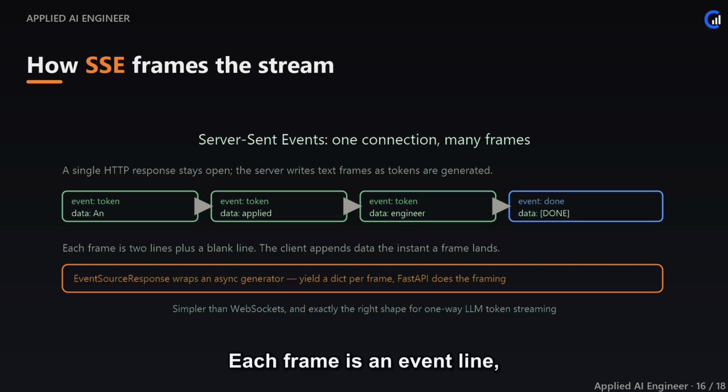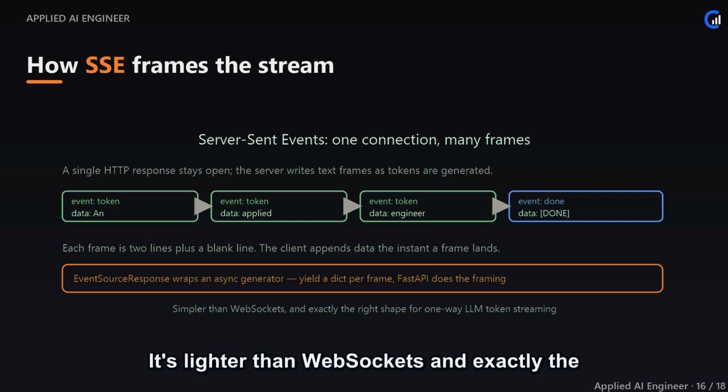Each frame is an event line, a data line, and a blank line to close it. The browser fires a callback on every frame, so the answer visibly grows. When we are finished, we send a done event with a done marker. It's lighter than WebSockets and exactly the right shape for one-way token streaming.